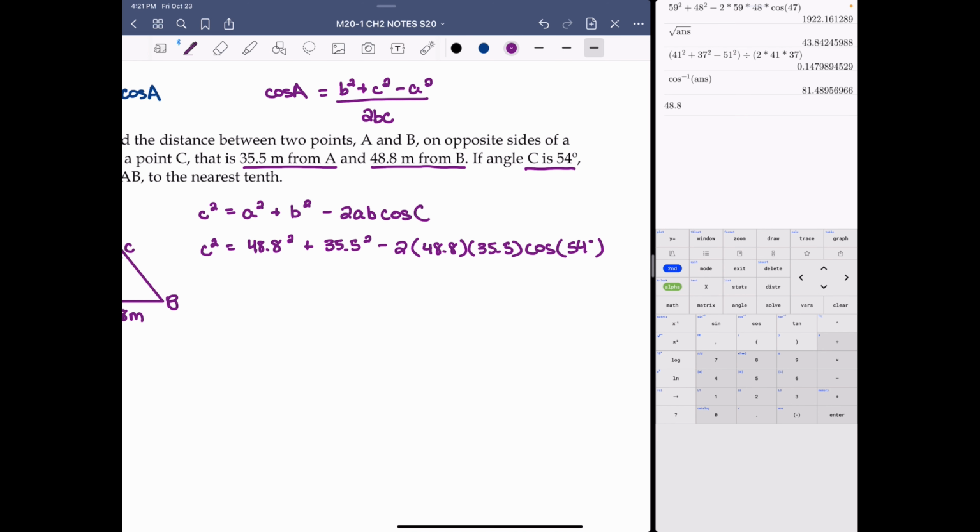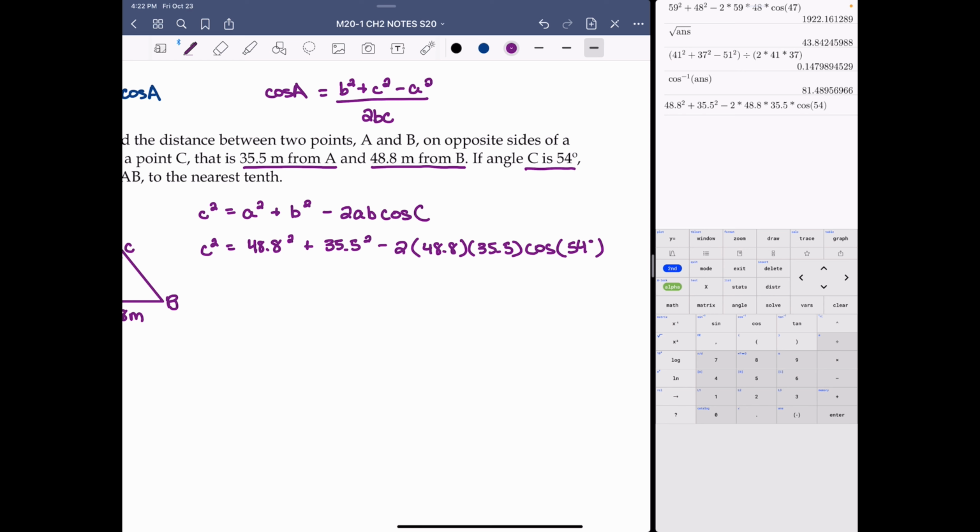48.8 squared plus 35.5 squared minus 2 times 48.8 times 35.5 times cos 54.